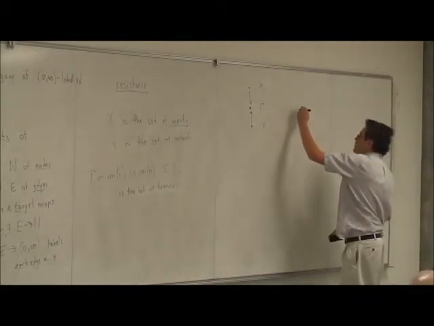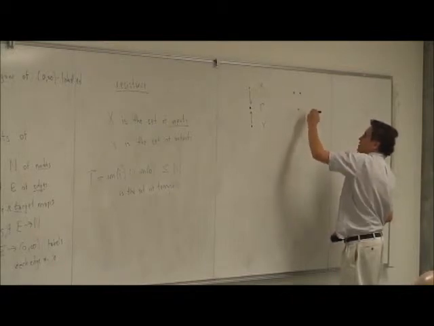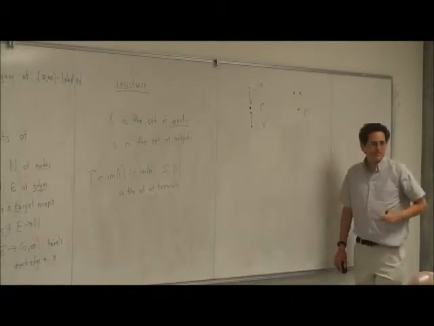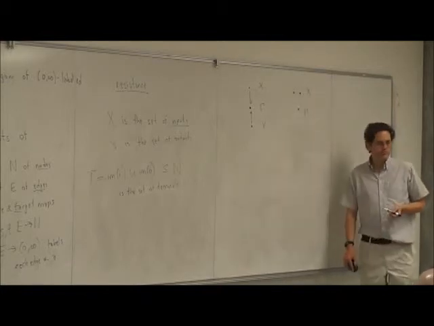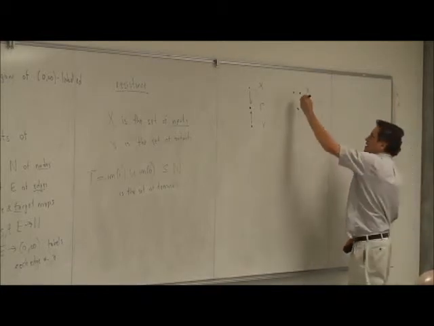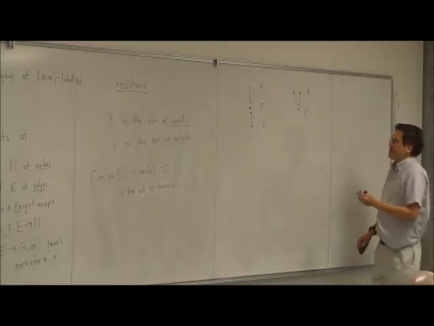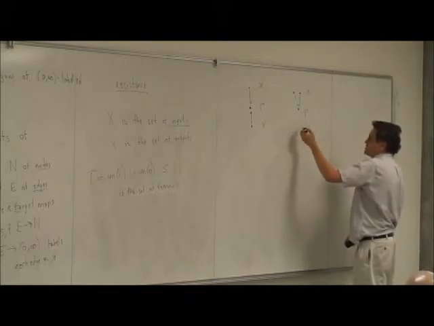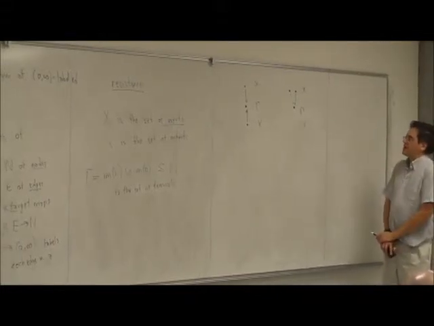Or, well, while I'm at it, having so much fun, you can do an example like this, where gamma looks just the same as it did before. X could consist of 2 points, so they both have to be mapped to the same point here. And you could have Y be various things, but one thing you could have Y be is the empty set. There's no law against the empty set.